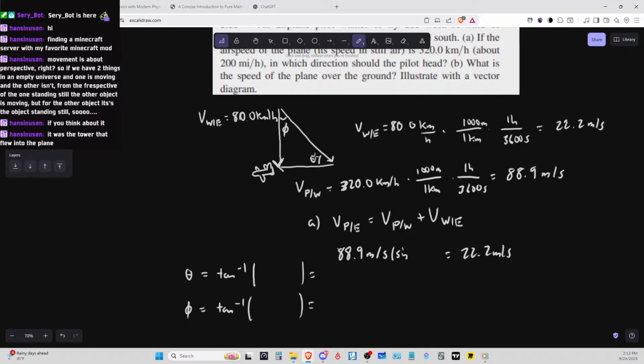For theta, we have to think of it like this. So it's 22, because it's the opposite, and then 88.9.